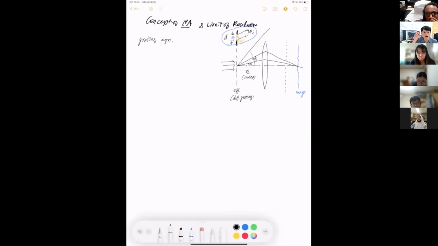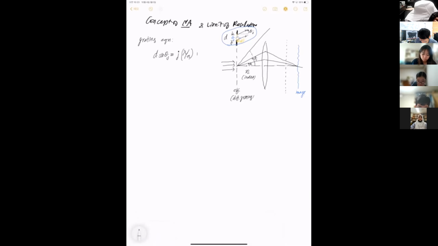So that optical path difference is D times sine theta J. And remember from the grating equation that the optical path should be a multiple of your wavelength to make constructive interference or diffraction. So that must be J times usually lambda, but I'm now putting lambda over n. Why? Because if you fill this one with the media of n, it effectively shrinks your wavelength by that.